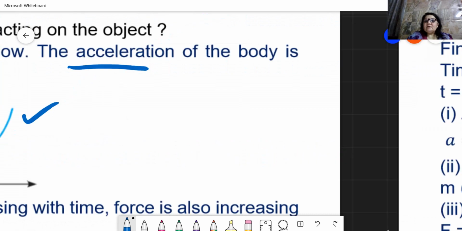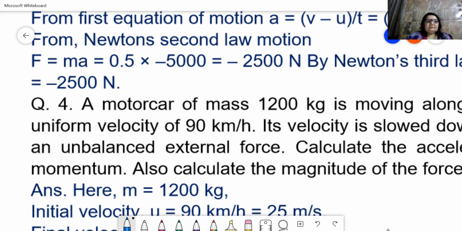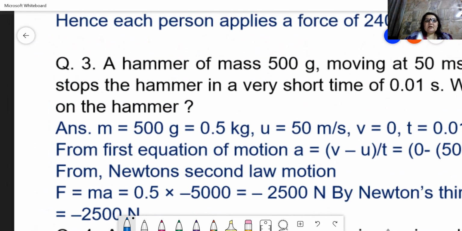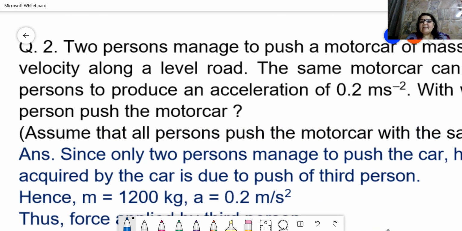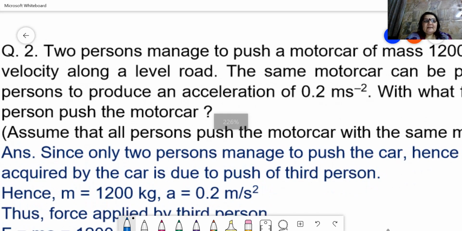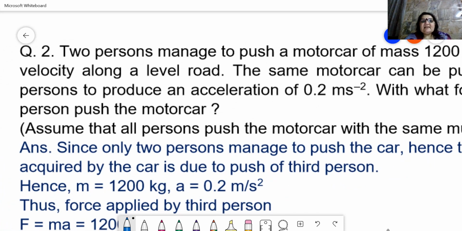And then I'm coming to question number 2. That's again a logical question. 2 persons managed to push a motor car of mass 1200 kg along a level road. Means there are 2 persons who can push a motor car of 1200 kg along a level road.